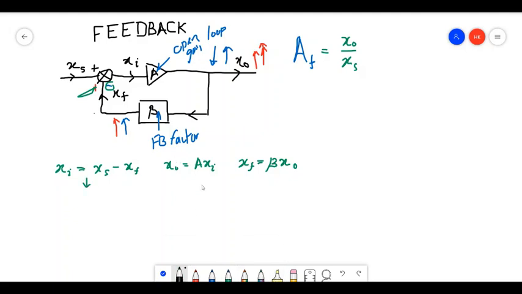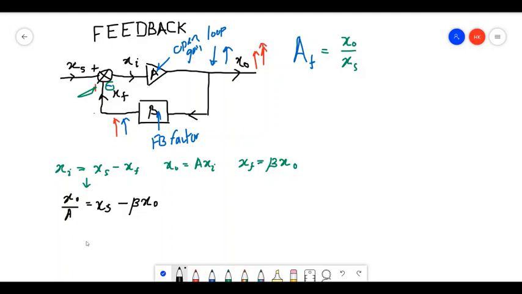Using this equation, I can replace x_i with x_out divided by A, and we need x_s for the final equation, so I'm going to keep x_s here, and x_f can be replaced by beta x_o.